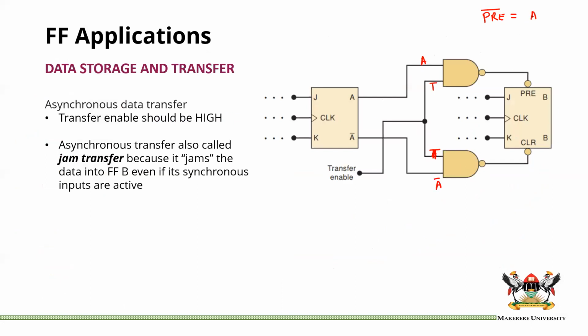So we are going to have A and T inverse, but we know how a NAND gate operates anyway. Okay, so that is an AND gate. And also this is an AND gate. So we are going to have A inverse and T. Isn't that an AND gate? Yes, that's an AND gate. And that is our clear. And that's our preset.